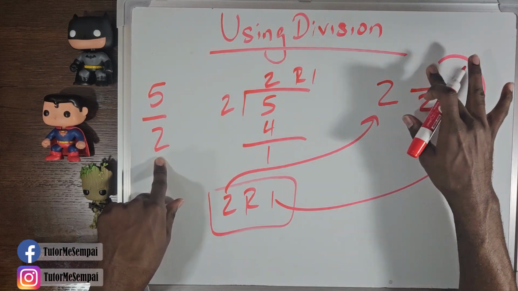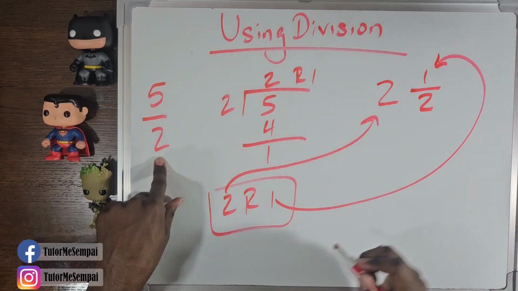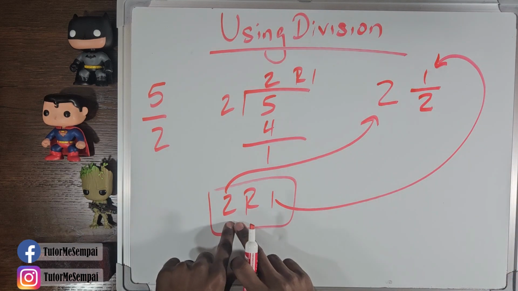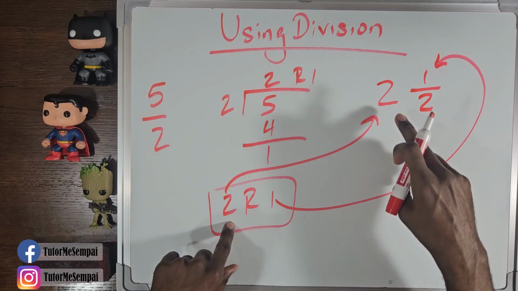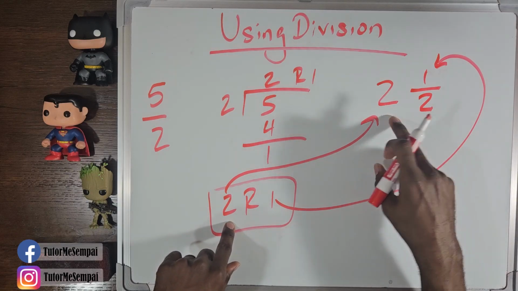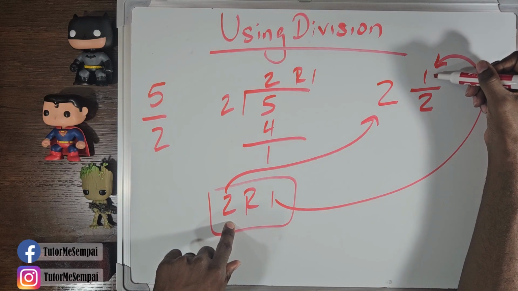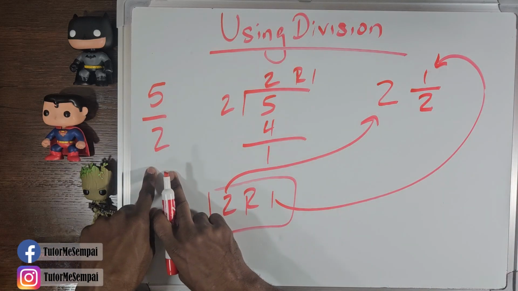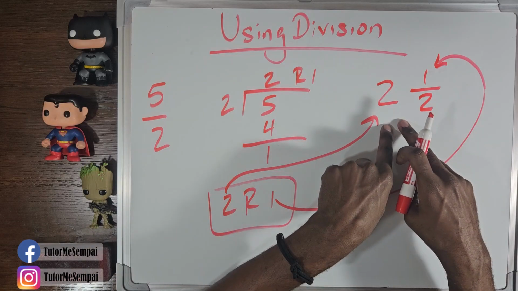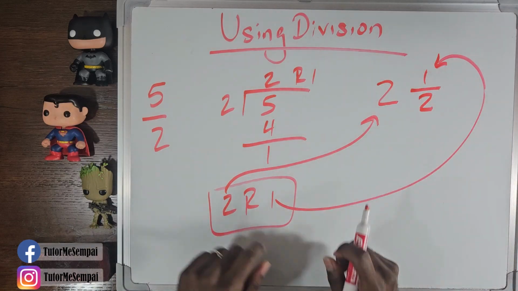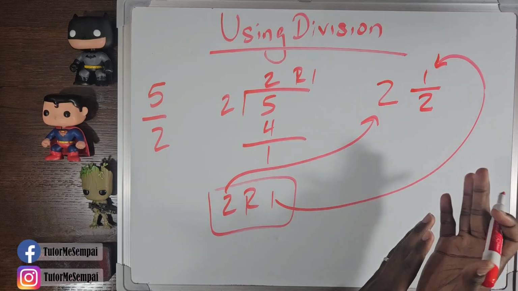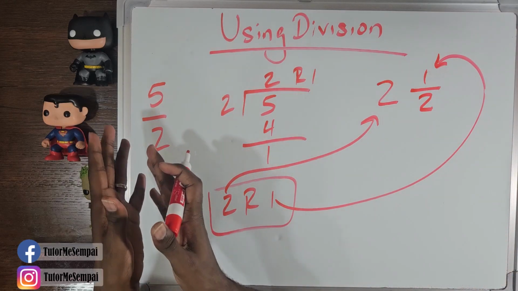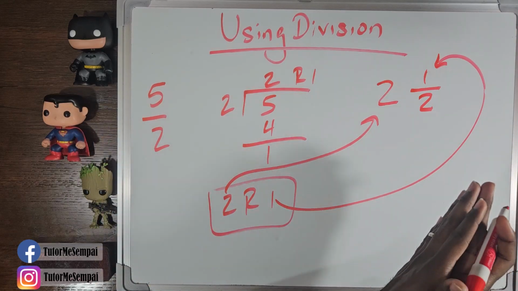Like that. So 2 with the remainder 1 means you have 2 as your whole number, 1 as your numerator, and you keep the same denominator. So 5/2 becomes 2 1/2. This is how you're going to use your long division to convert your improper fractions into your mixed numbers.